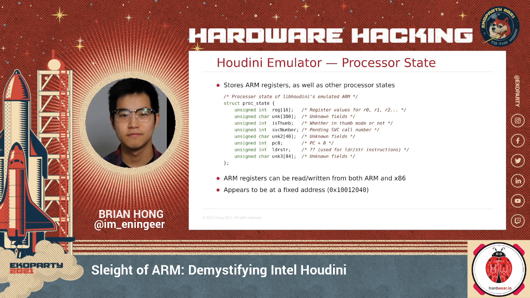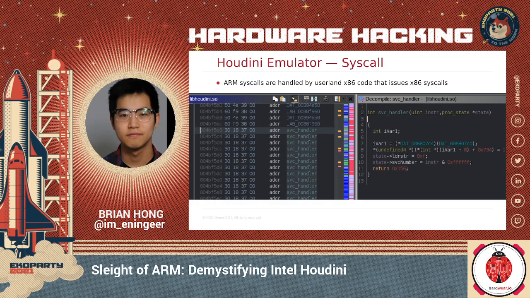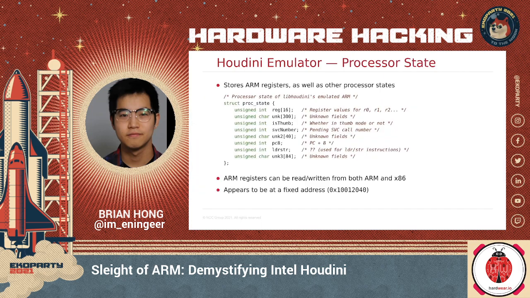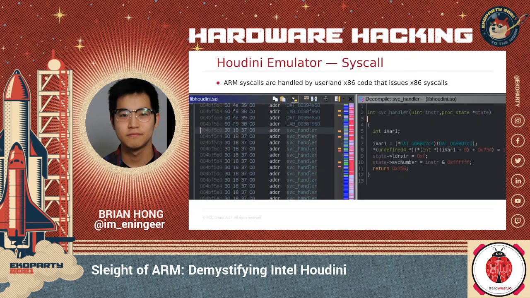So the next thing we took a look at was the syscalls. How do they handle syscalls? They're handled pretty much the same way, going through the instruction handler table, except that the actual syscall handler function doesn't actually make any syscalls. It just sets the syscall number, the unsigned SVC number, in the processor state and then returns, and all the syscalls are handled further down the execution loop.